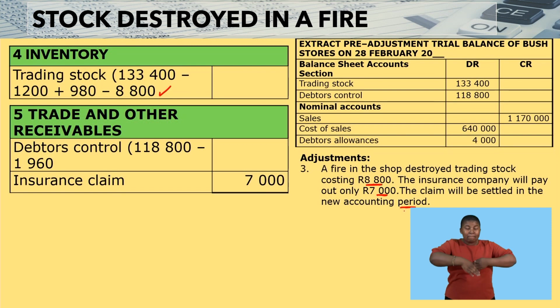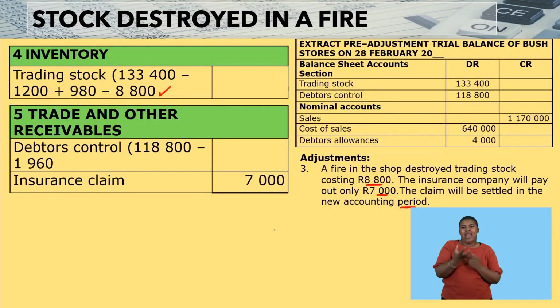That therefore means the insurance company owes us. In other words, the amount of money is receivable to the business. So we'll bring it to note number 5, trade and other receivables. Then we'll record insurance claim 7,000.